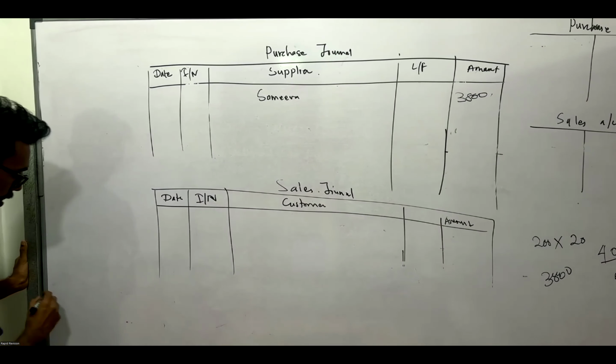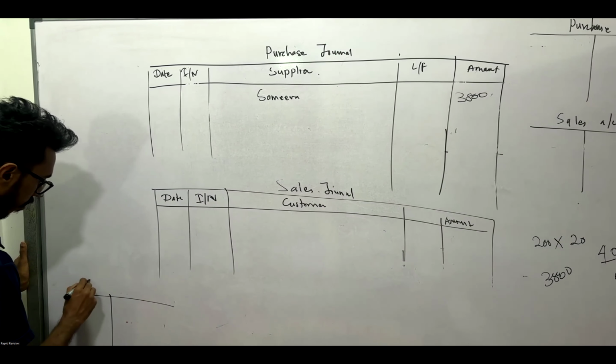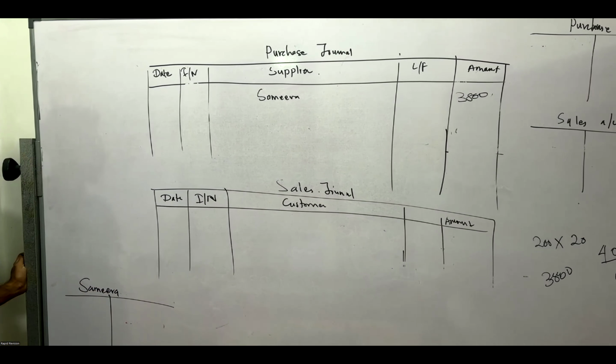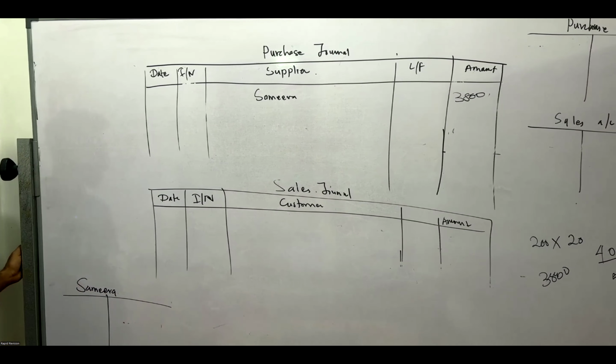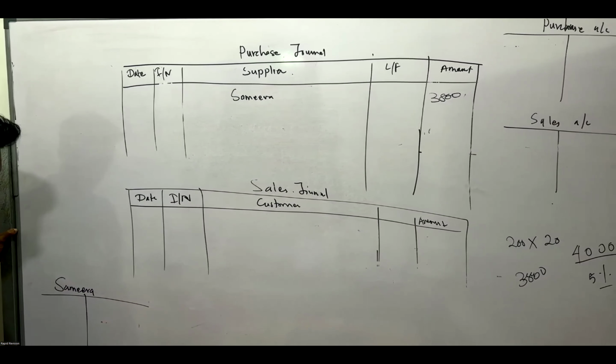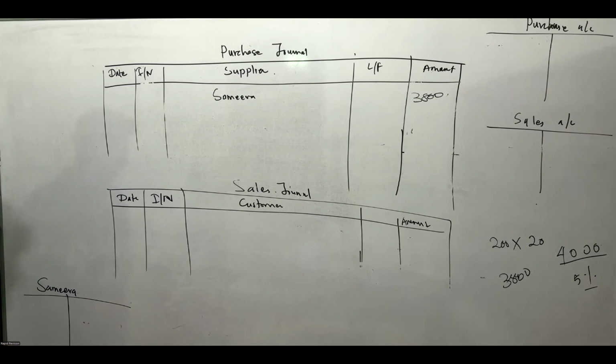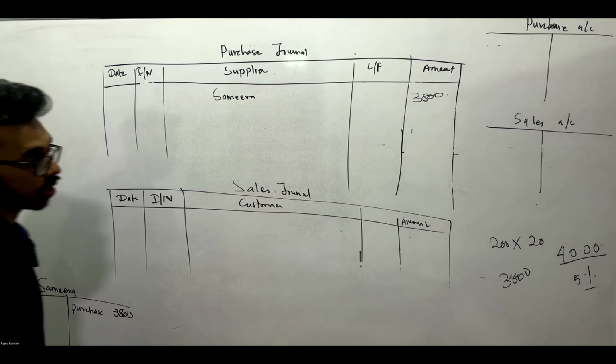You prepare an account for Samira. Samira is our supplier. She is a creditor to us, right? Samira is a creditor, so you can see this area, the creditor's account has to be taken to this side as purchase 3,800.